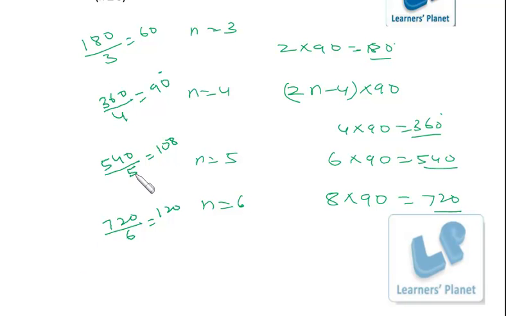So that's pretty simple. You know the total value of the angles, then you just divide by the number of angles, and you get the value of each angle.